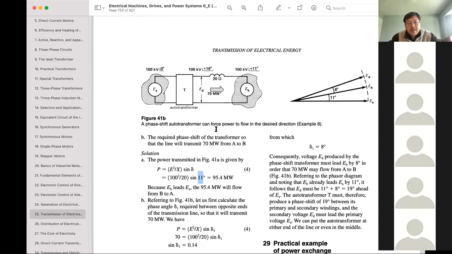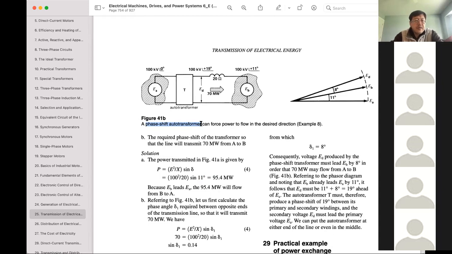Here comes the question: how do you control that delta? Obviously, when you interconnect two islands, you want to control the amount of power flow between the two islands. That is controlled by a phase shift transformer. The only function of this transformer is to change phase angles.